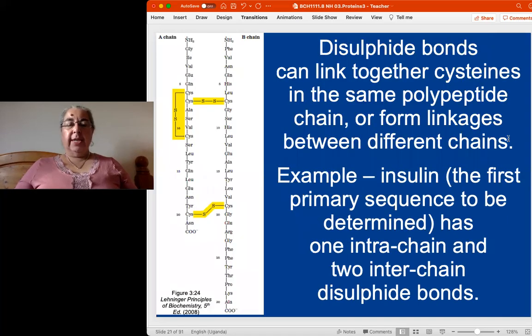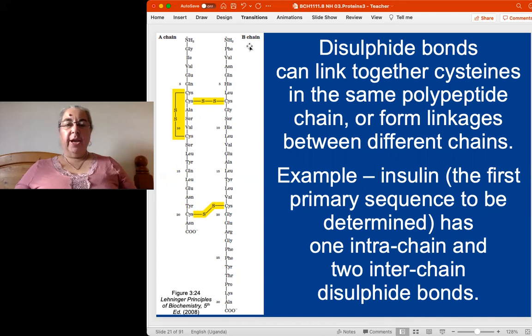Here is an example of a protein for you. This is insulin. Here the disulfide bonds are highlighted in yellow. As you can see, insulin has two polypeptide chains, a small chain and a longer chain, the alpha chain and the beta chain.